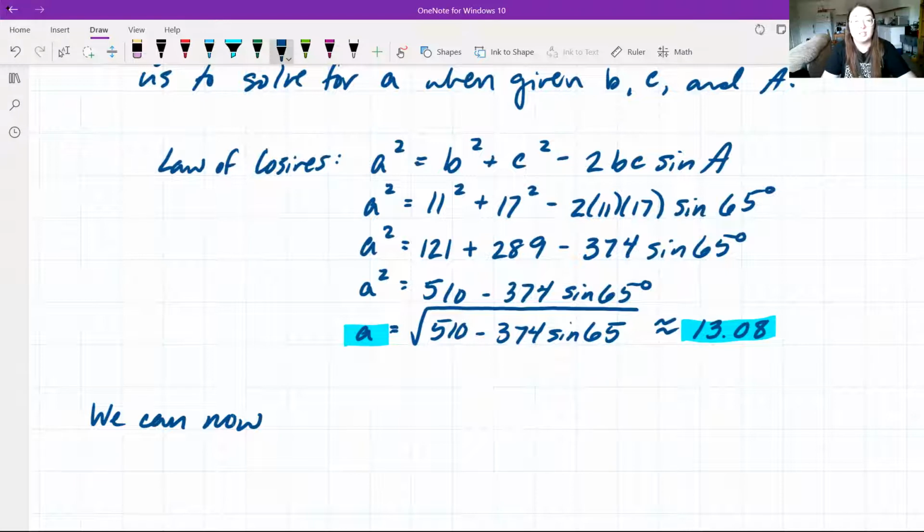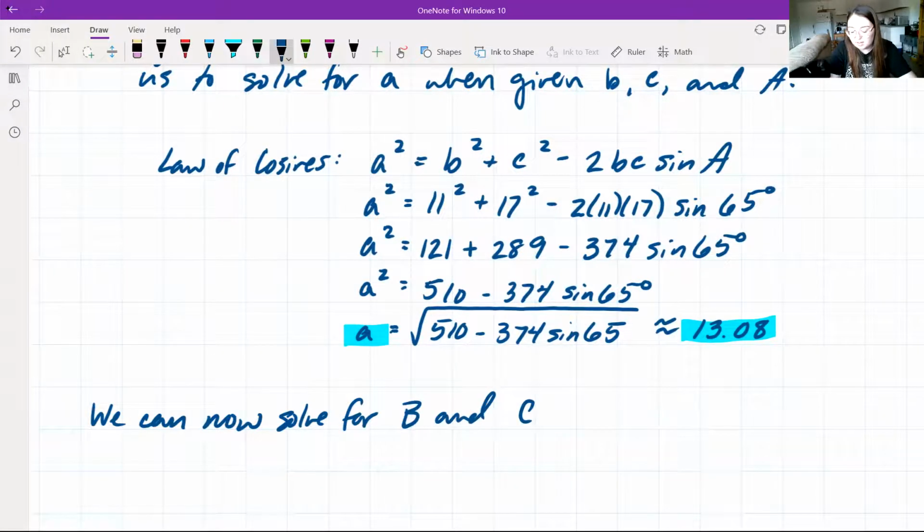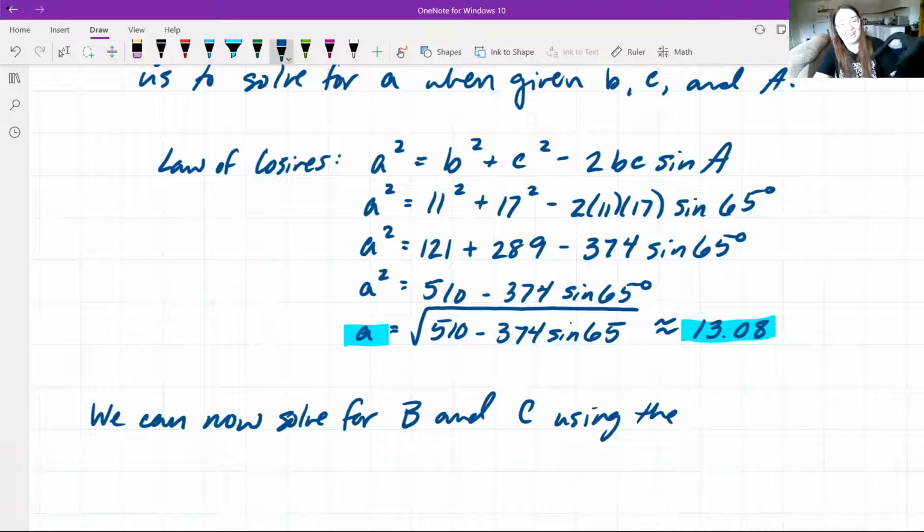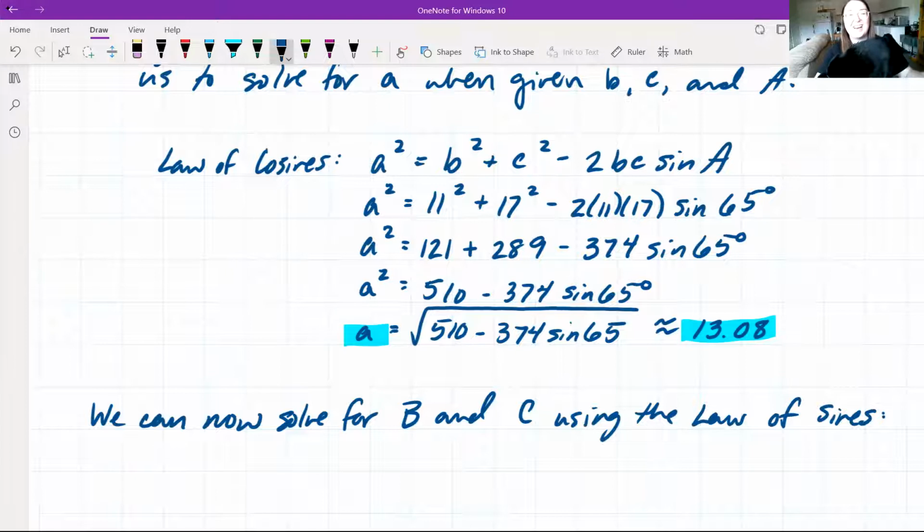It's going to be much easier since we do know an angle and its matching side length. So you can now solve for angles B and C using the law of sines. Remember our law of sines.